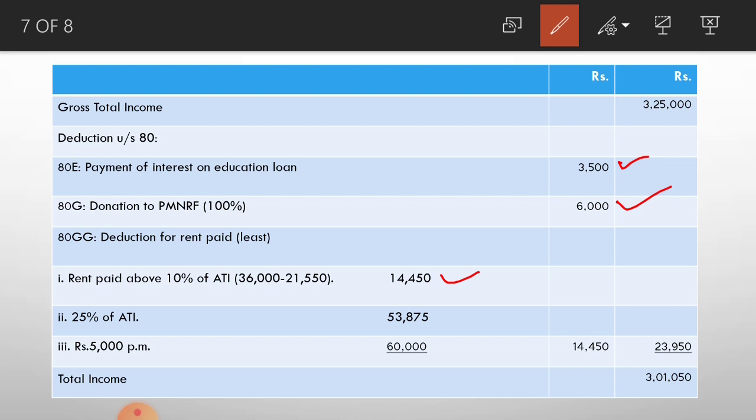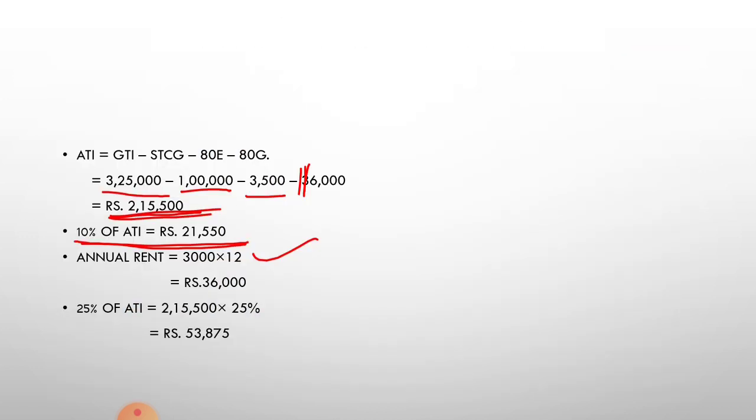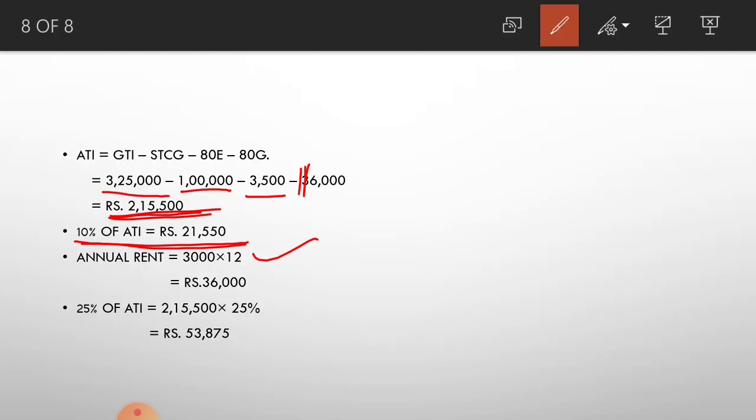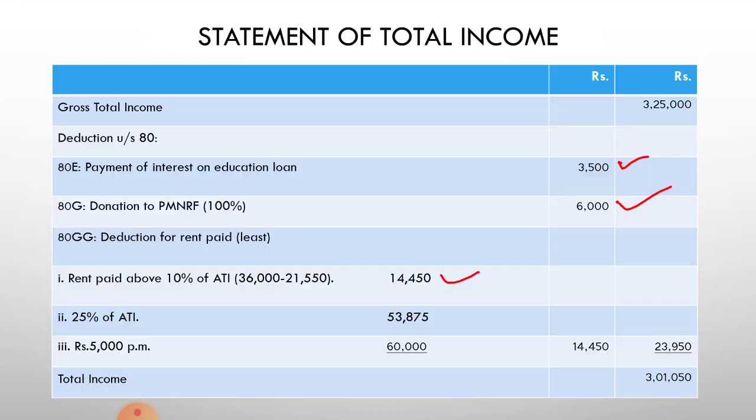Second restriction is 25% of adjusted total income. Here 25% of adjusted total income is 2,15,500, your adjusted total income. 25% of that means 53,875.